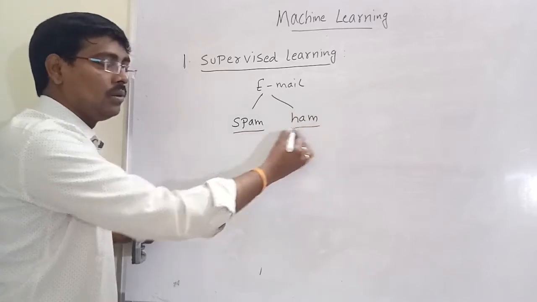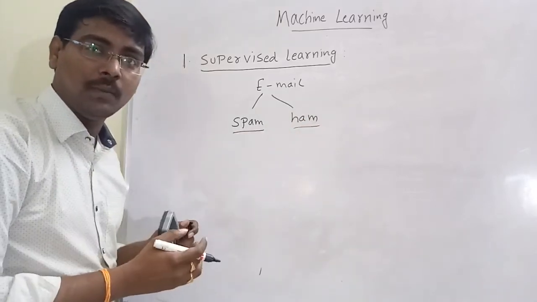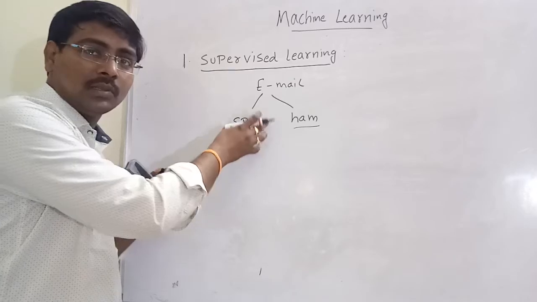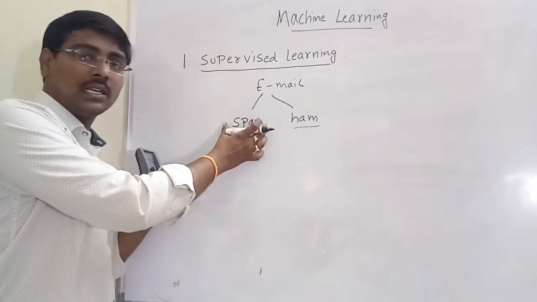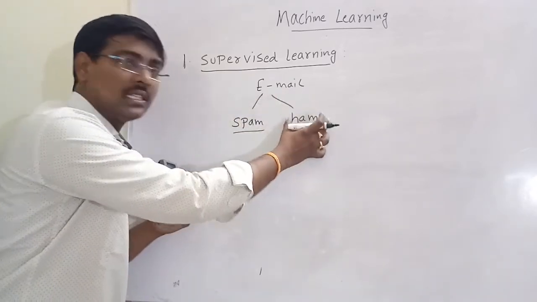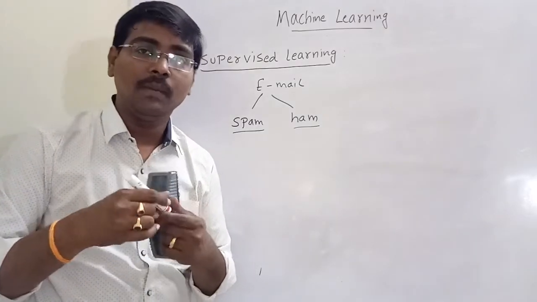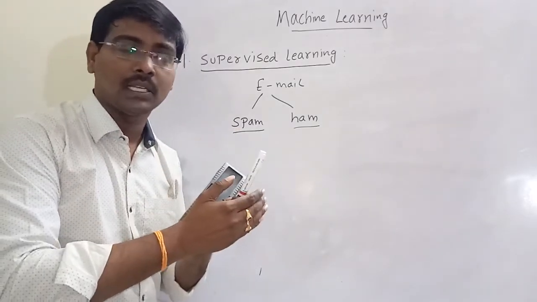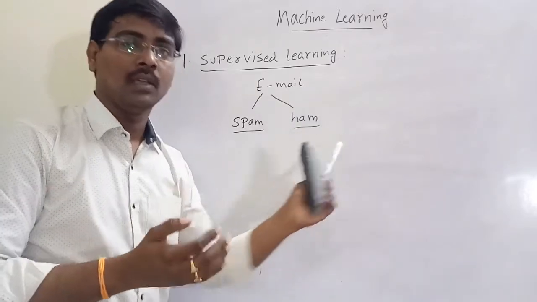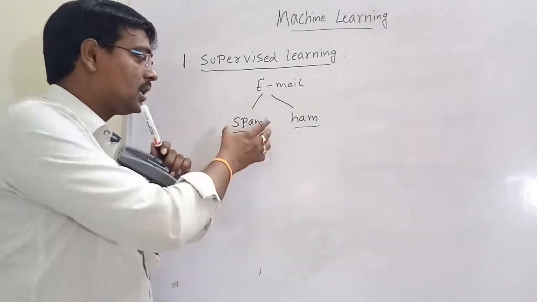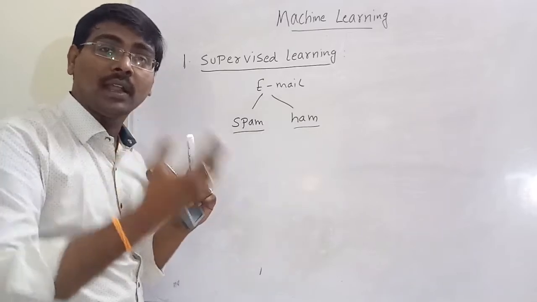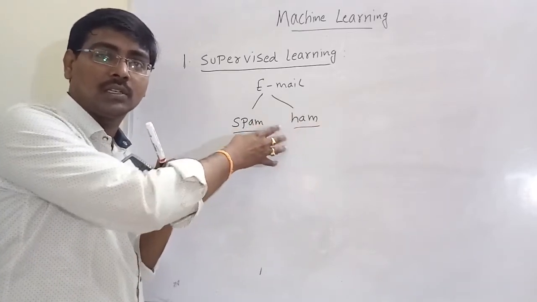This is a label, that is, for that particular email I have given a name. This email comes under spam, this email comes under ham. Suppose if a word appears in the email, it comes under ham; if it doesn't appear, it comes under spam. I am training the computer in this fashion.